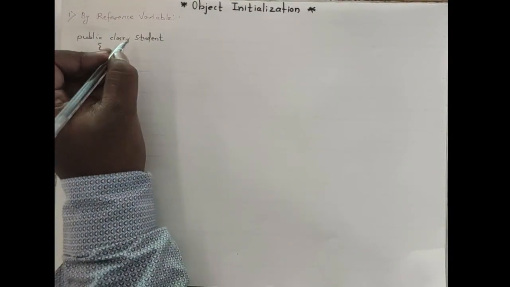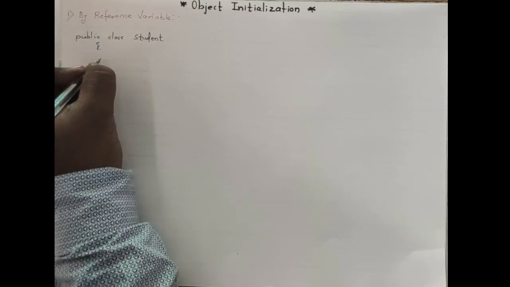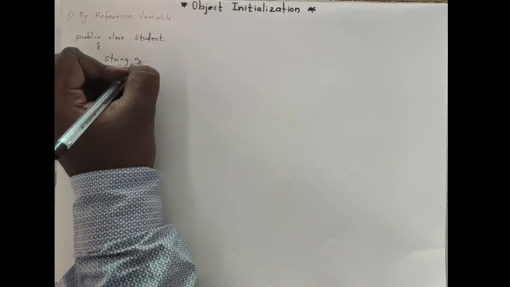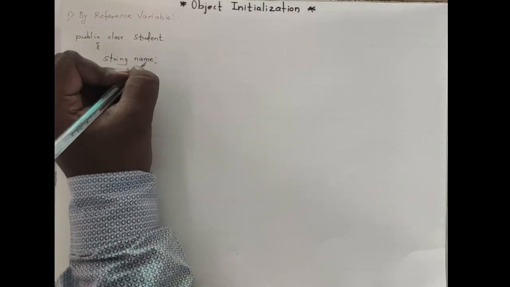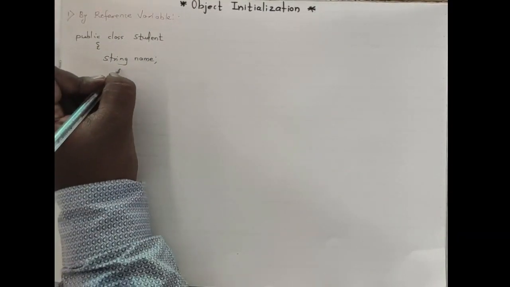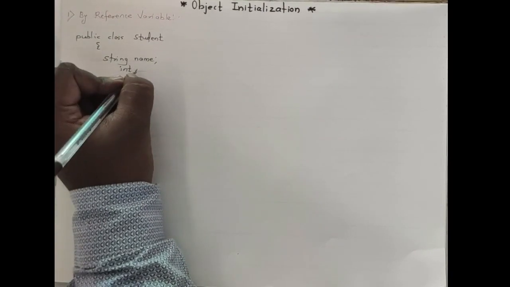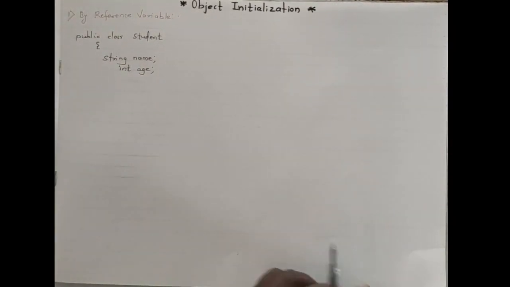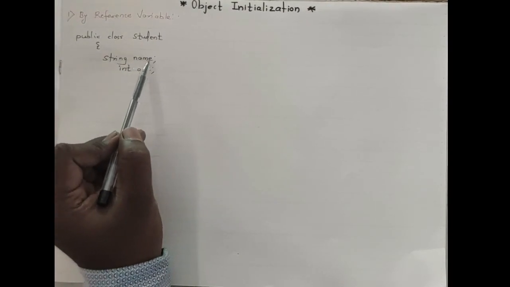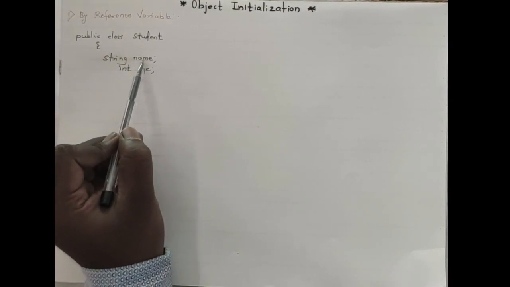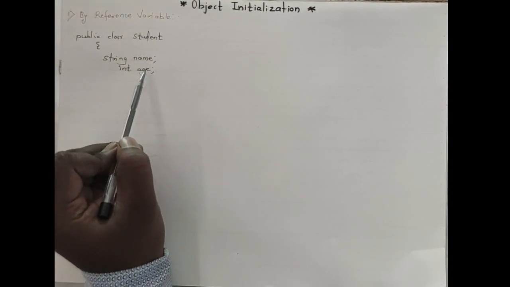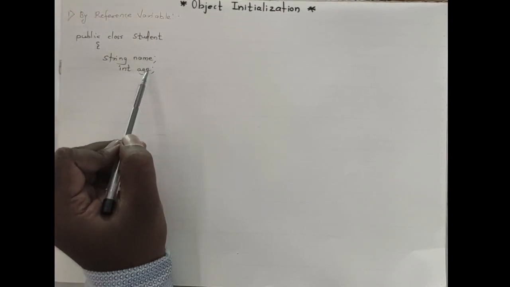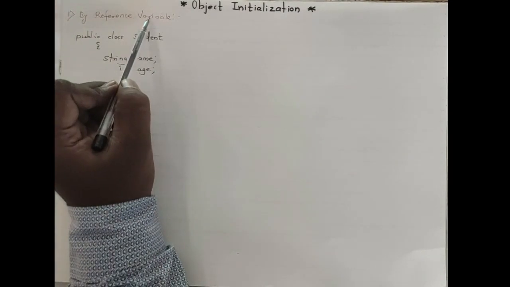Then I am declaring variables here, String name semicolon, then int age semicolon. So what I am doing here, I have just declared two variables, name and age. I have not initialized those variables yet, and that initialization is done by using a reference variable.